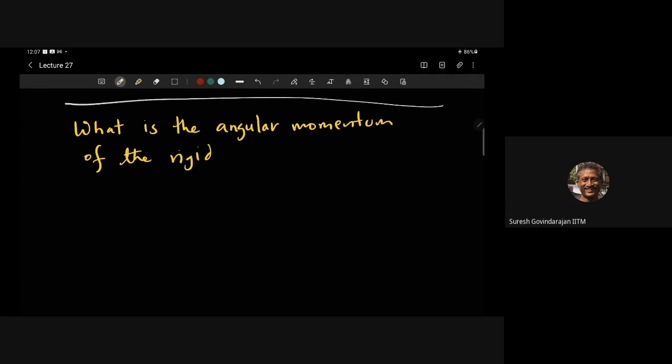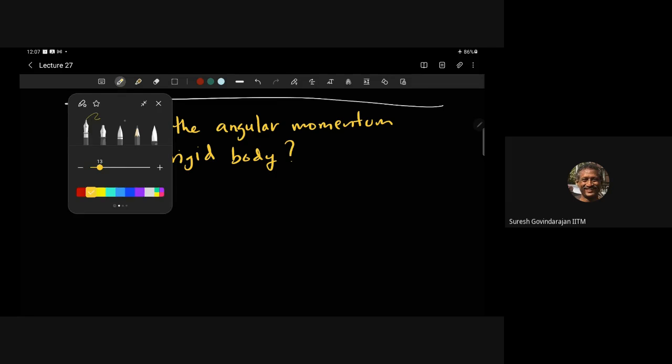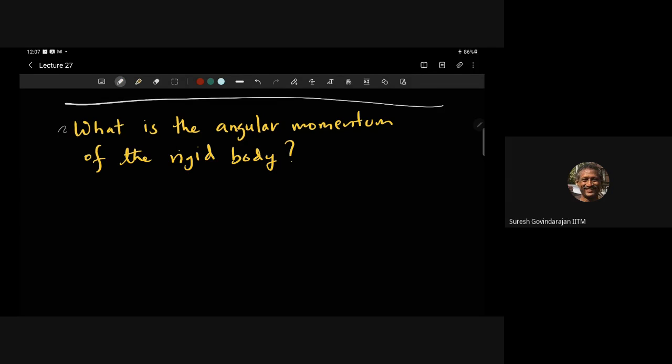Okay, none. So now we would like to ask, what is the angular momentum? But of course, it depends on the choice of axis.